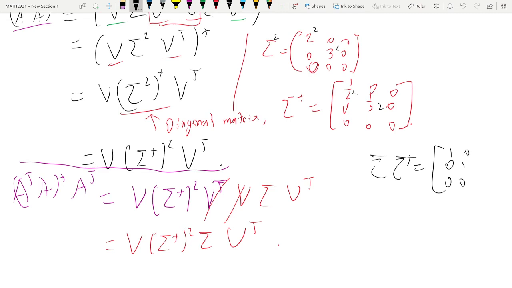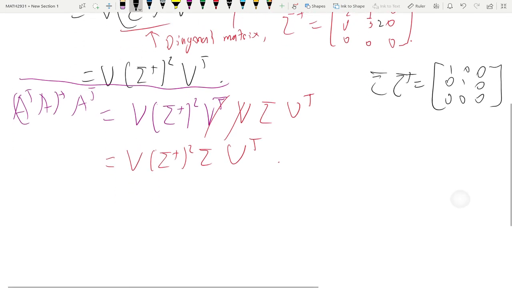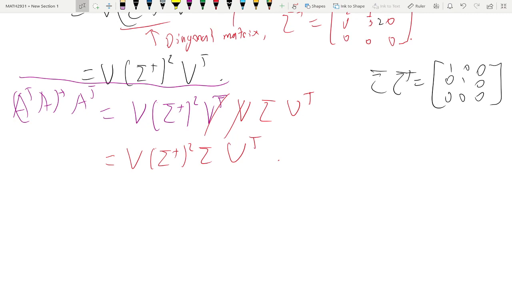Everything else is 0, and 0 times 0 is 0, because that's how you multiply diagonal matrices. So you can see that sigma plus just gives you essentially something similar to the identity matrix. So you end up with this. So V sigma, oh, that's meant to be U, whoops, U transpose.